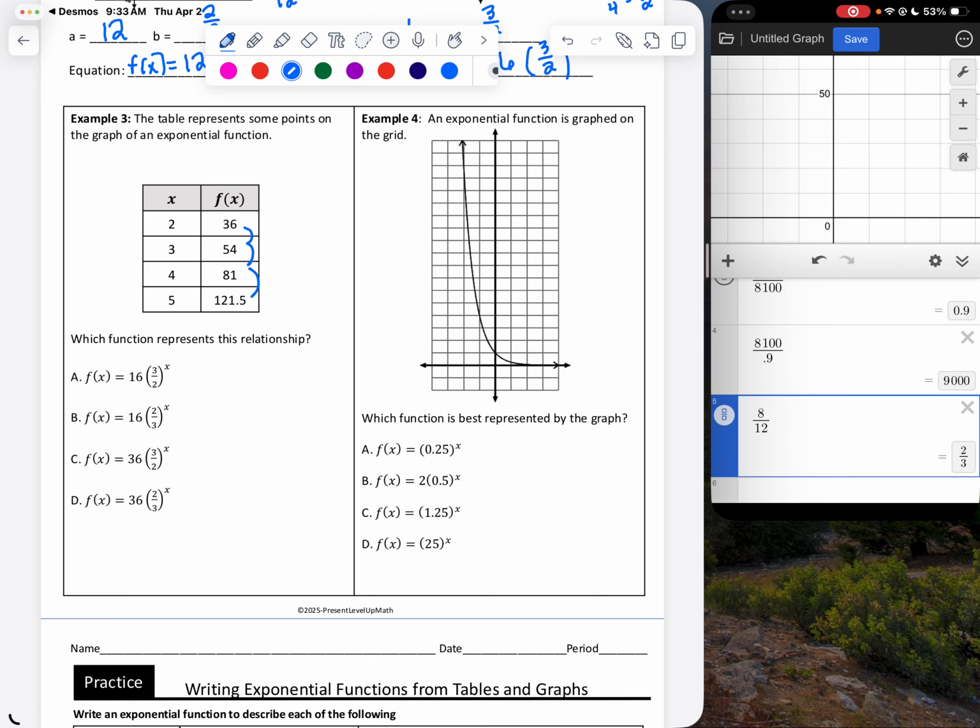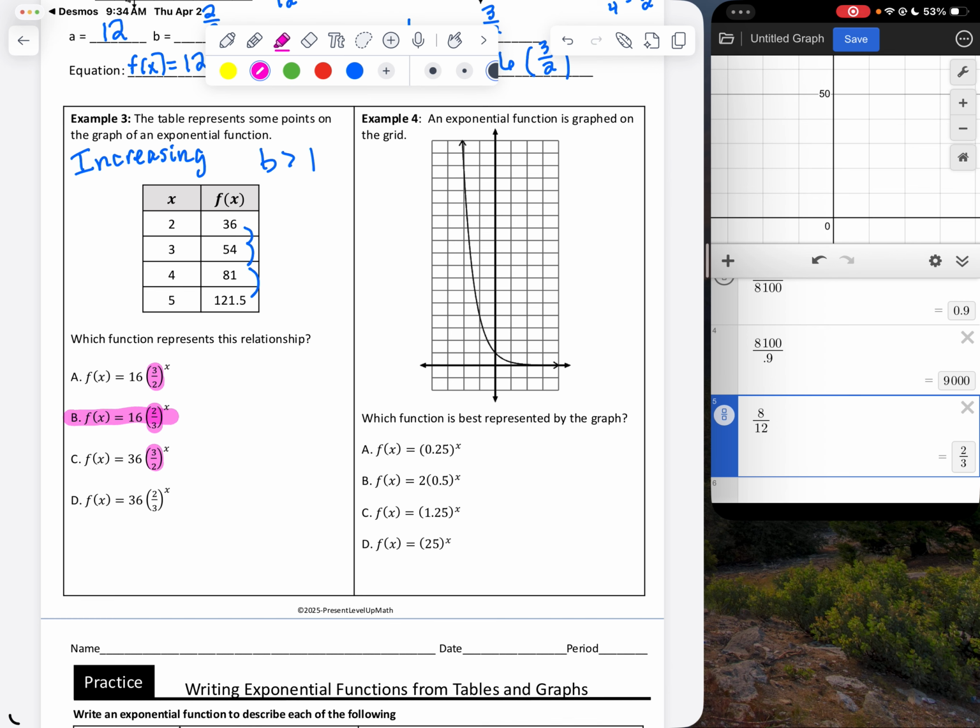So this is an increasing function, which means your base must be greater than 1. So generally what you can do is eliminate some bad answers by looking at the bases. Our base must be bigger than 1. So in problem A, our base is 3 over 2. That's bigger than 1, so don't eliminate that. In B, our base is 2/3. That is not bigger than 1, so get rid of that answer.